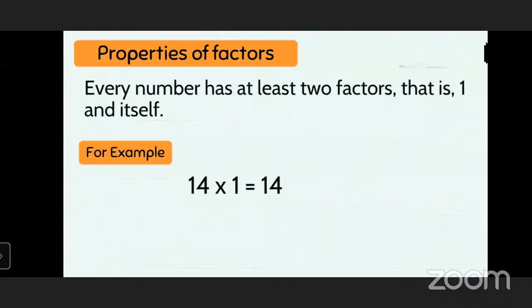Now next, every number has at least two factors, that is 1 and itself. It means every number has a minimum of two factors: the number itself and 1.